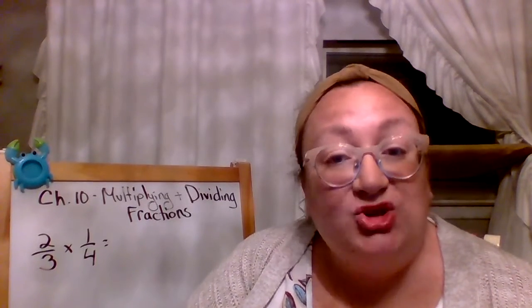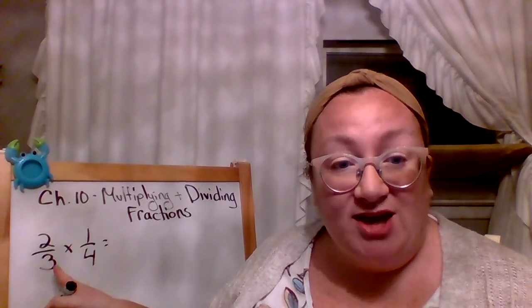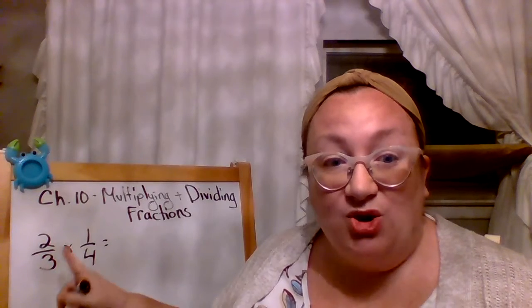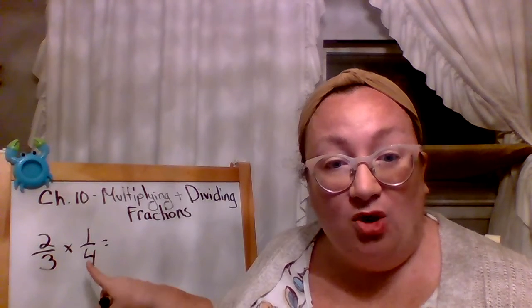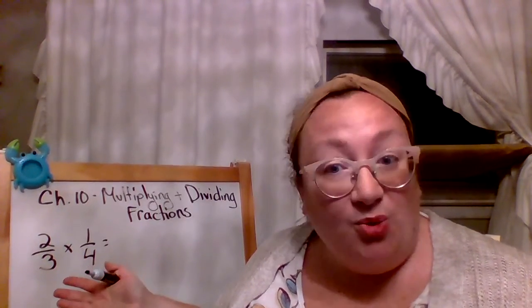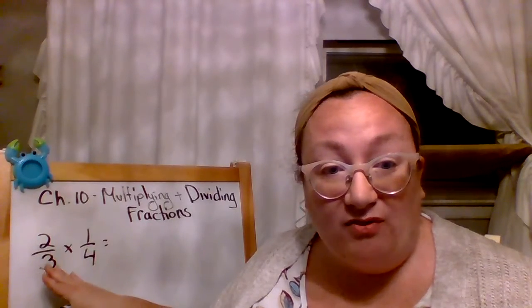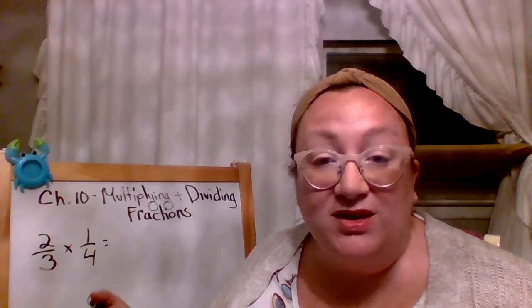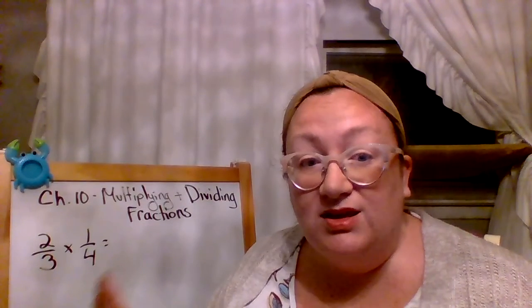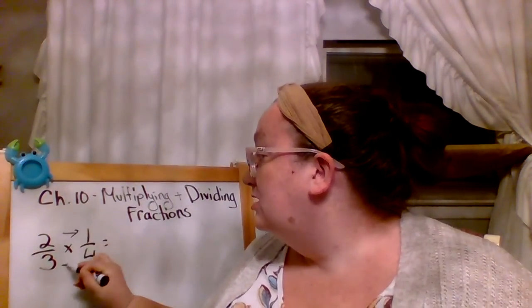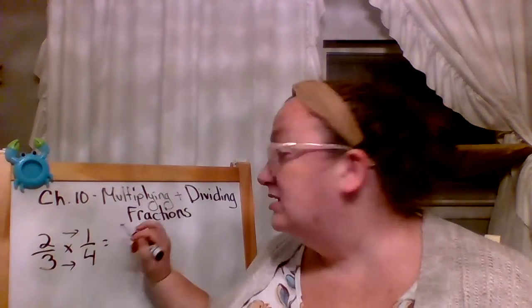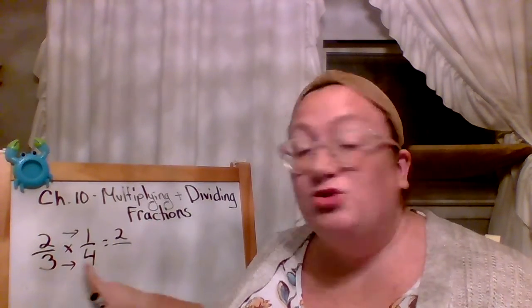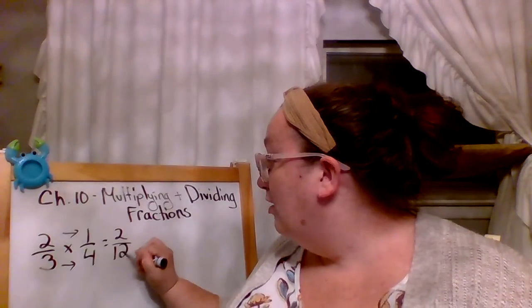All right, now we have a straightforward example. We have a fraction times a fraction. So 2/3 of 1/4. I don't need to change anything because I have a regular fraction times a regular fraction. There's no whole number, there's no mixed number. I don't have to do anything except multiply across. So that's what I'm going to do. 2 times 1 is 2, and 3 times 4 is 12.